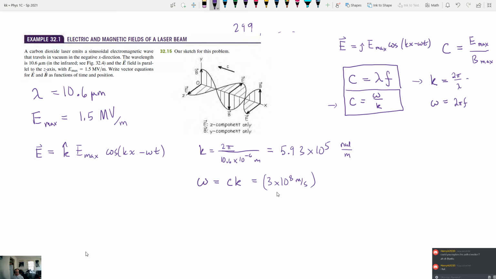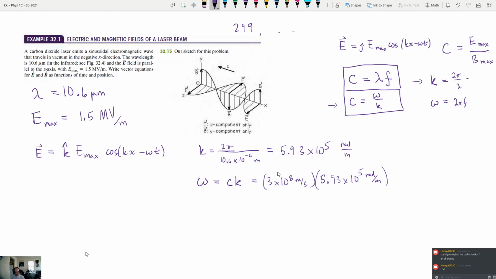All right. So there we go, we've got omega. Omega is equal to c times k. K is this number that we just calculated, 5.93 times 10 to the 5 radians per meter. The meters will cancel out, and we'll get a unit of radians per second. Anytime we're talking about frequencies, the number is always going to be very high when we're talking about light waves.